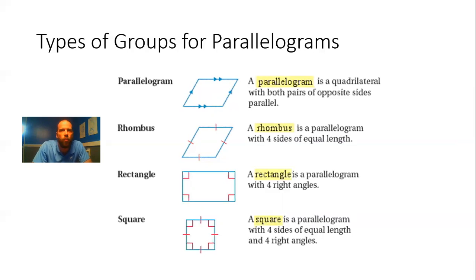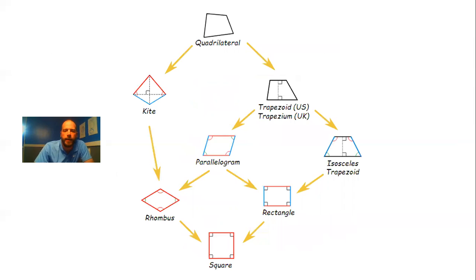So, can one shape join multiple groups? Yes, of course a shape can join multiple groups. All right, quadrilaterals. Here we go. So, this is a classification chart right here.